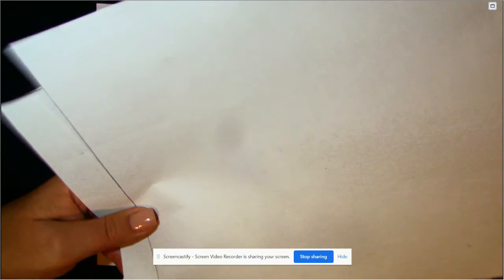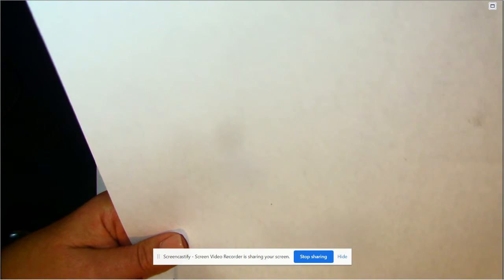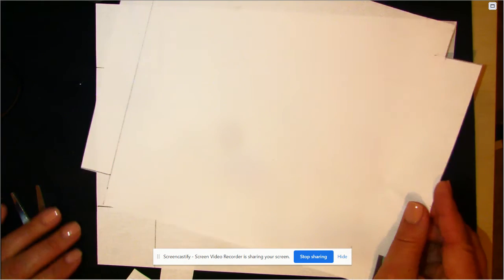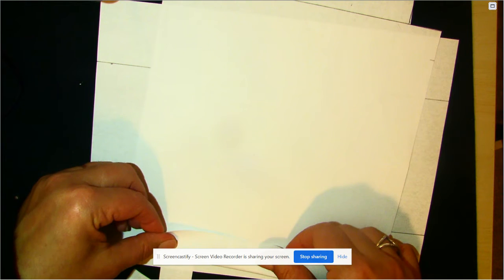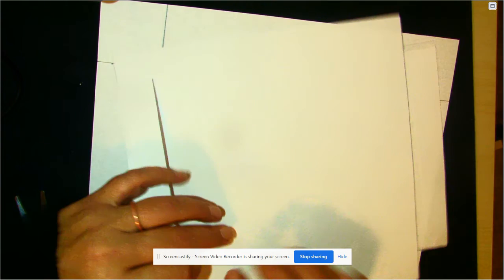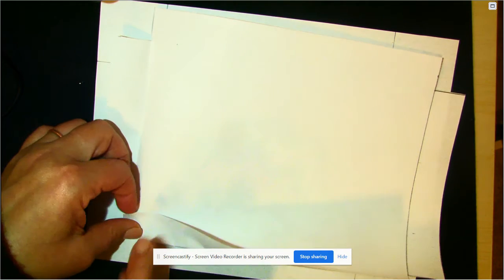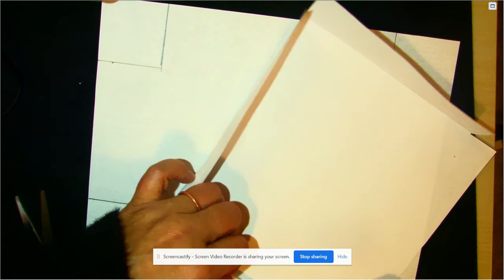Okay, I'm just cutting out 1 by 1 inch boxes out of the corner of this regular piece of paper. Now, how this becomes a box is I'm going to fold up the edges. Okay, so give me a minute here. Oops.